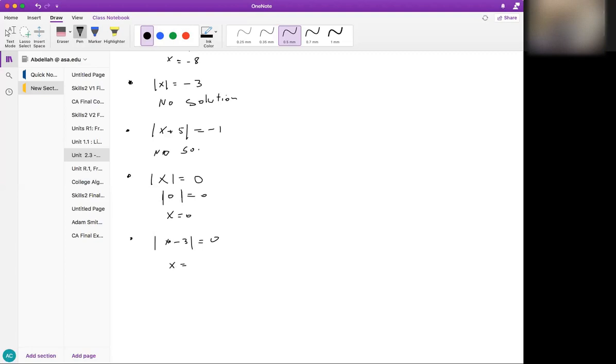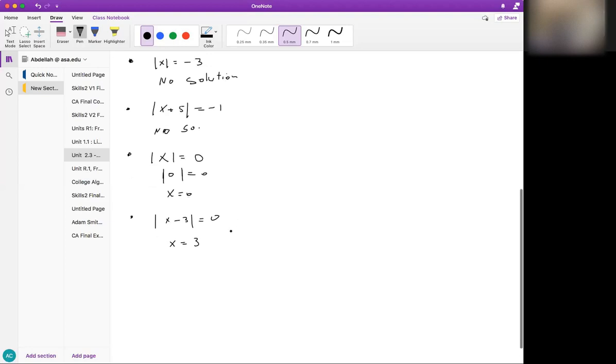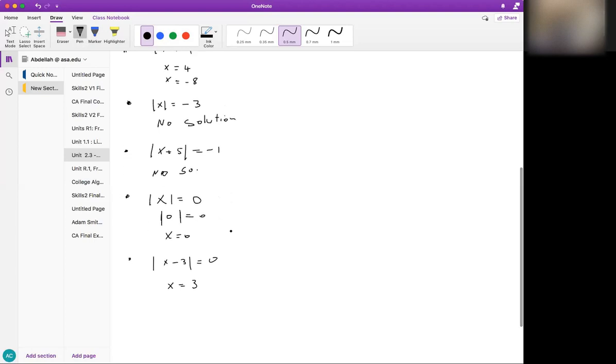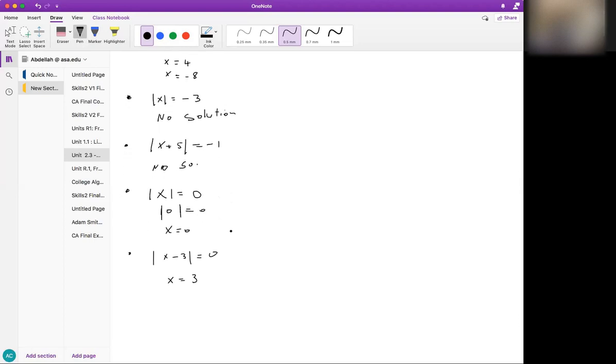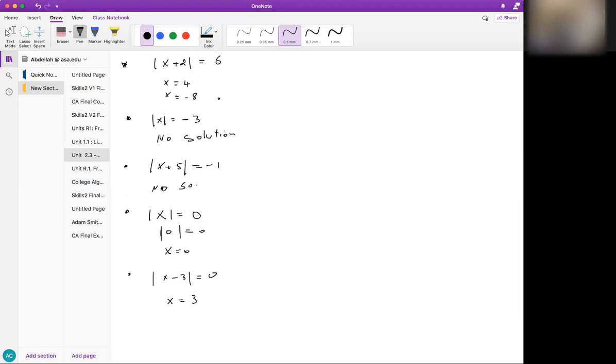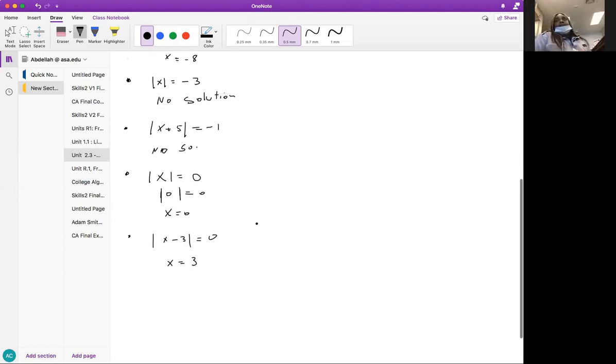That's right, x can only be 3, the only number that gives you 0, because 3 minus 3 is 0 and the absolute value of 0 is 0. So that's basically how absolute value equations work. Just watch out for the sign of the number that's equal to the absolute value. You may have two solutions if it's positive, no solution if it's negative, or exactly one solution if it's equal to 0.